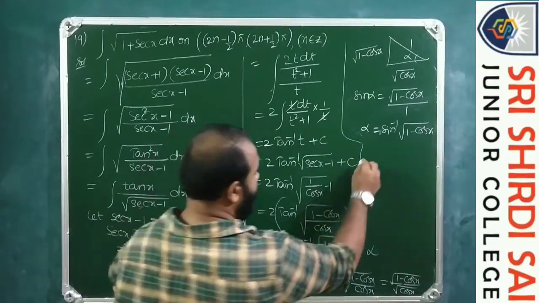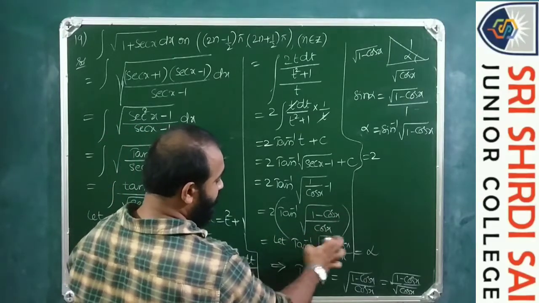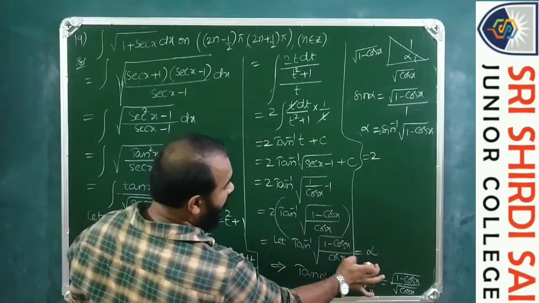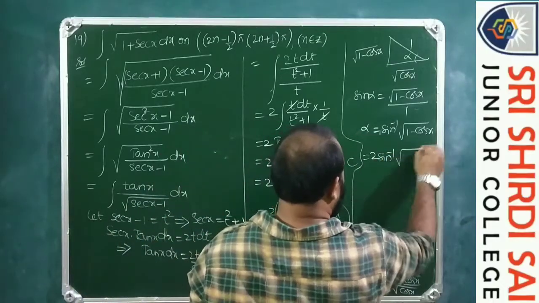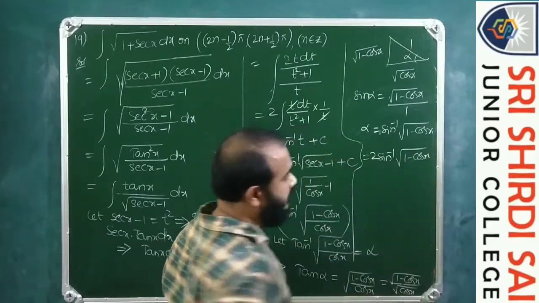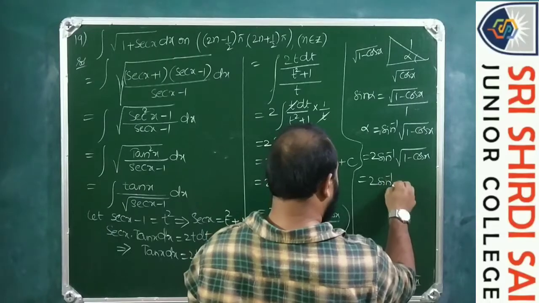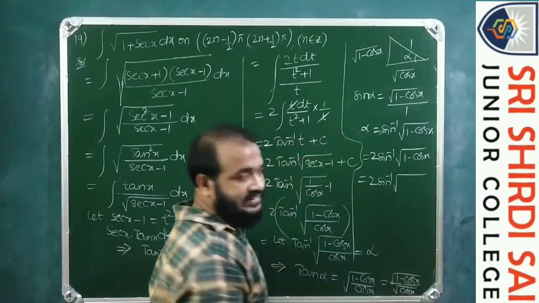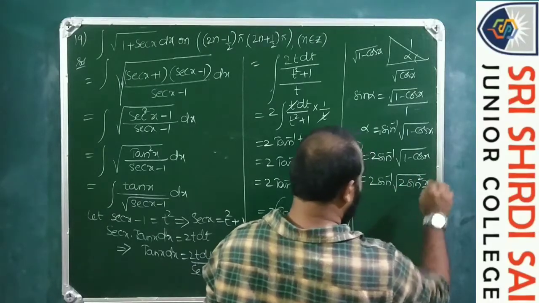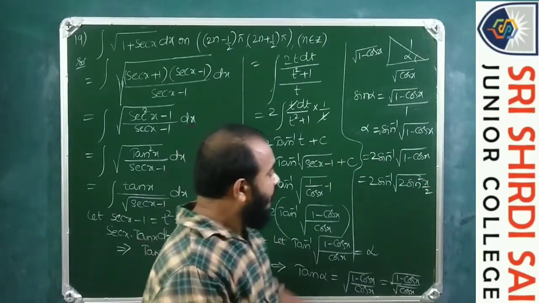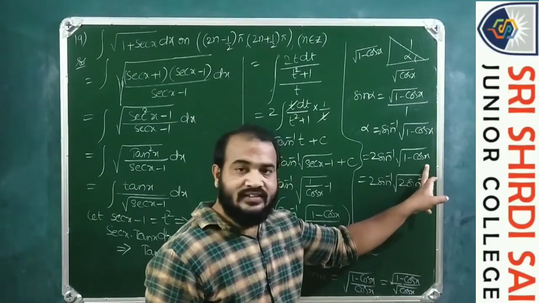Now come here. So 2 into tan inverse of root of 1 minus cos x by cos x. This value is alpha and that alpha is this. So this is sin inverse of root of 1 minus cos x. So this is 2 sin inverse of root of 1 minus cos x. 1 minus cos 2x is 2 sin square x. 1 plus cos 2x is 2 cos square x.